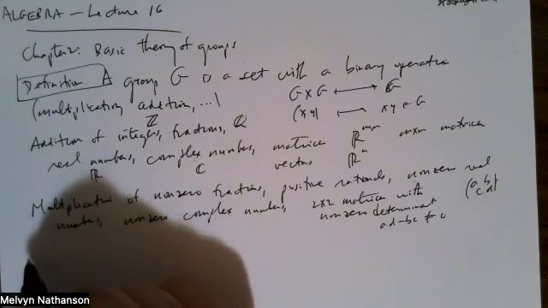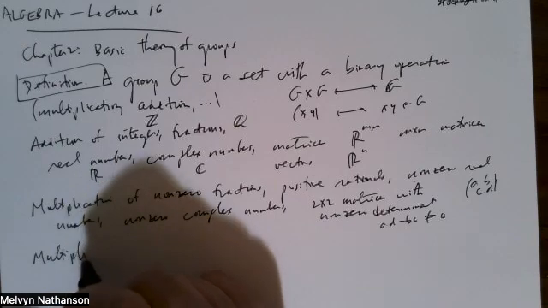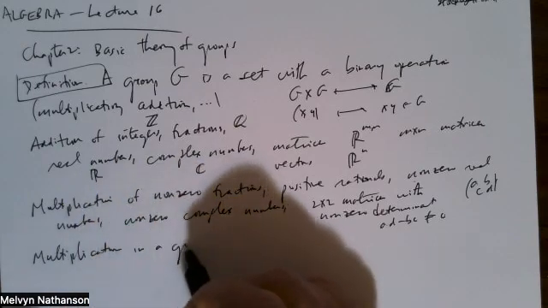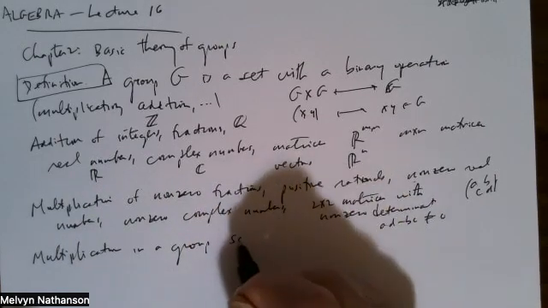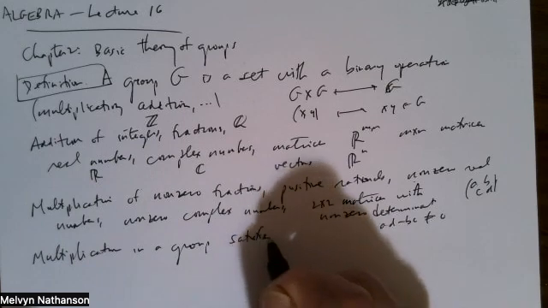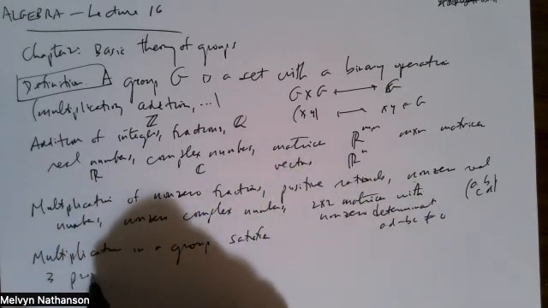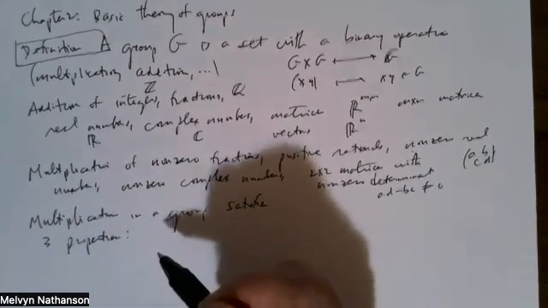So let's just call the generic operation multiplication. So multiplication, or the binary operation in a group, satisfies three properties. That is, it must satisfy these properties, or you don't have a group.